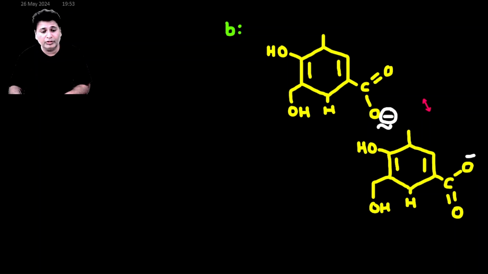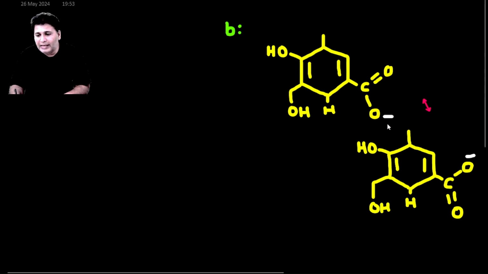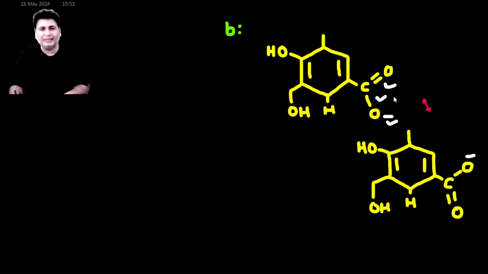How is there a conjugation? Let us try to see. You can simply see the minus charge, single bond, double bond, and this is a situation of resonance. After the situation is encountered, you do the resonance, this minus will go like this, and simultaneously the pi will shift on this oxygen.